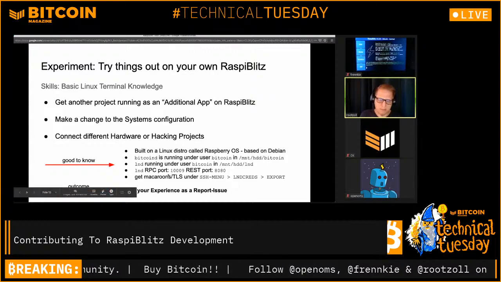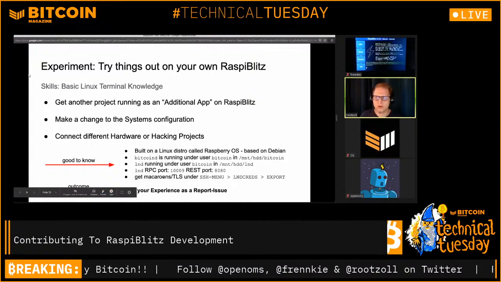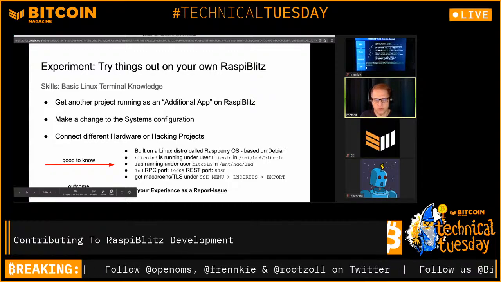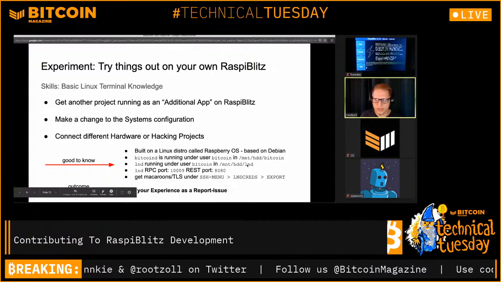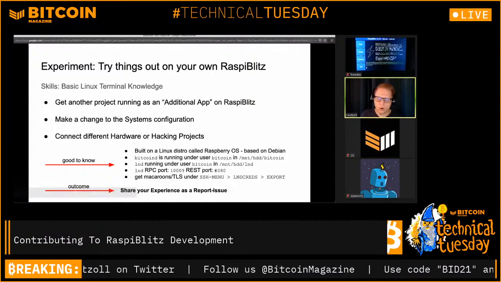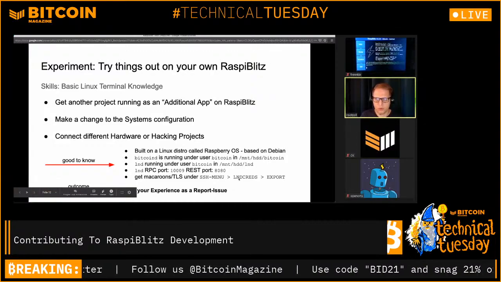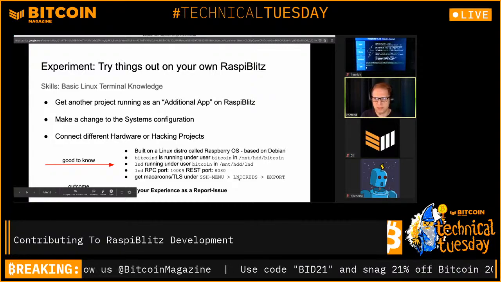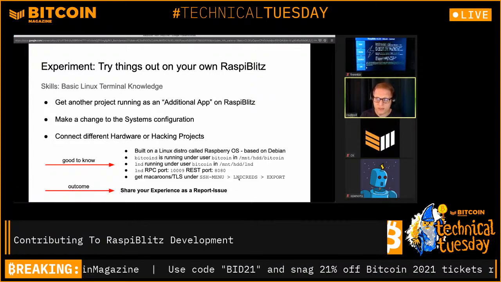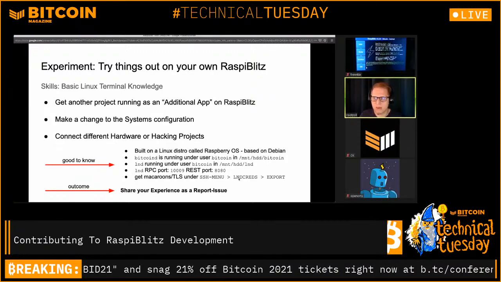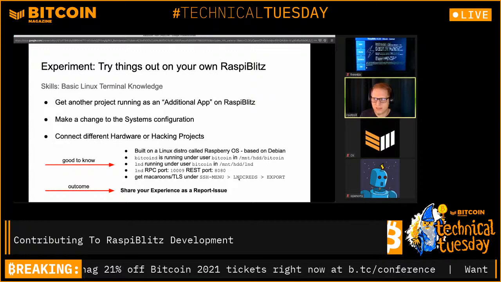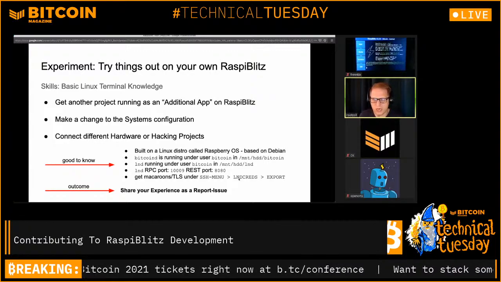If you need the macaroons and TLS certs to connect other apps to it, take a look in these directories in the LND directory and find where they are, or even export them and put them into a configuration somewhere. Always remember those can change later on, so just copying them is not always the best practice, but for a first start, why not?